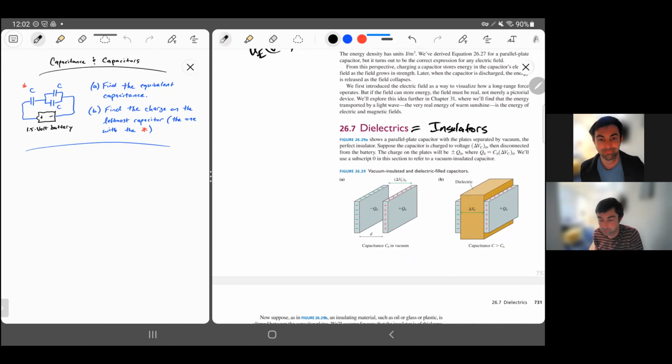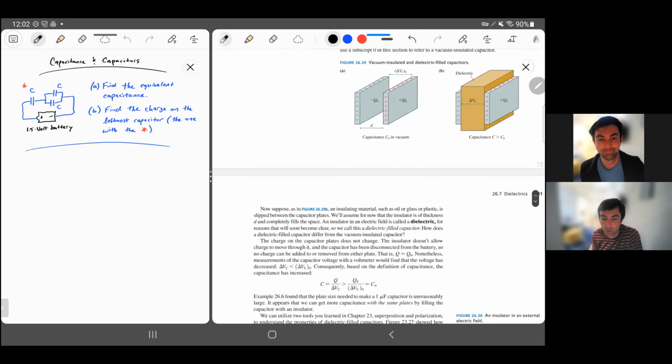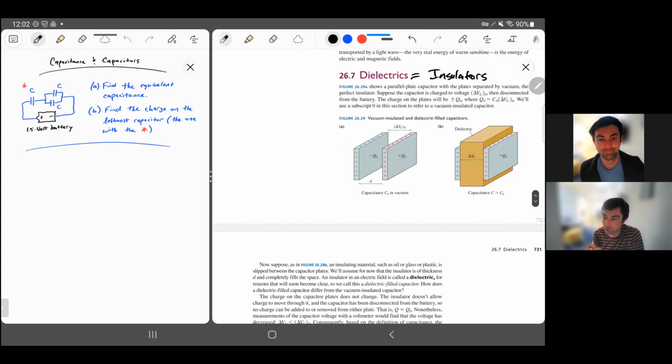So everything we talked about before still applies. But the dielectric will polarize because of the presence of the electric field, and that changes the properties of the capacitor. A key property is that when you insert a dielectric, you always increase the capacitance of the capacitor. Whatever capacitance you start off with, C naught, the capacitance goes up as a result.